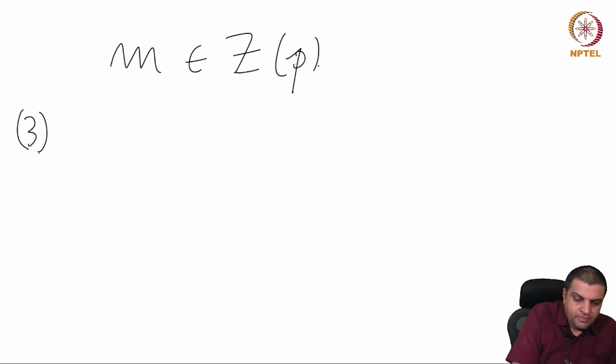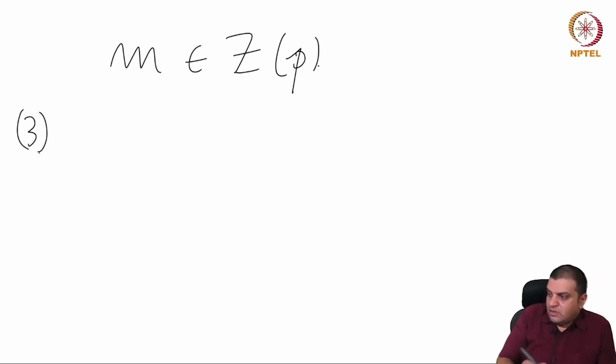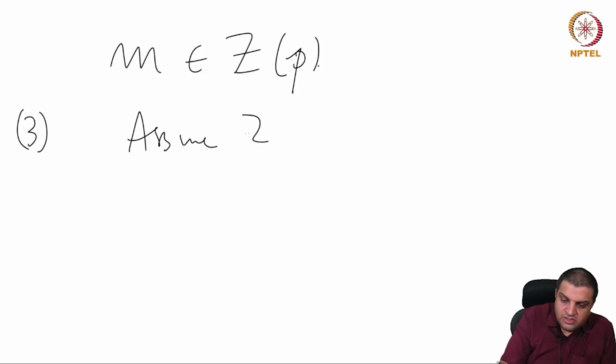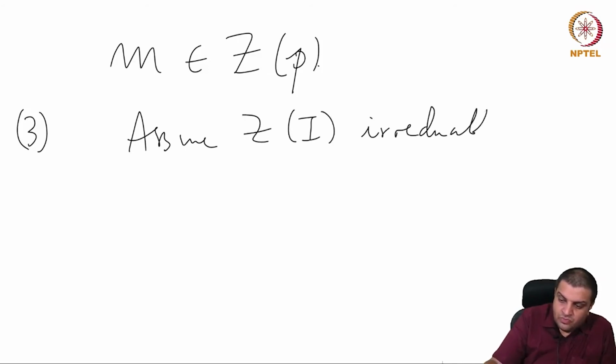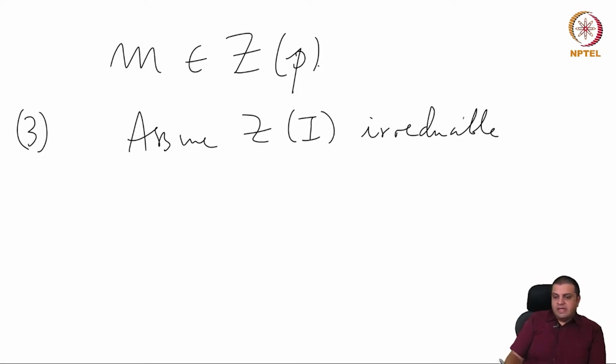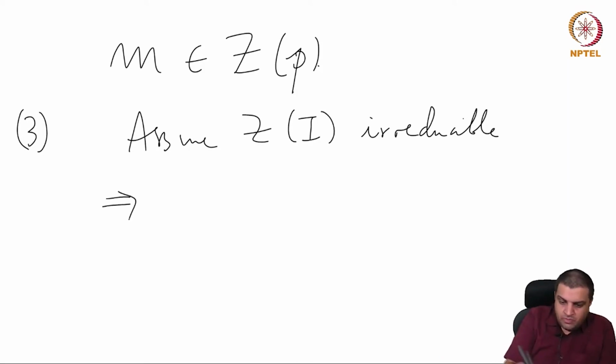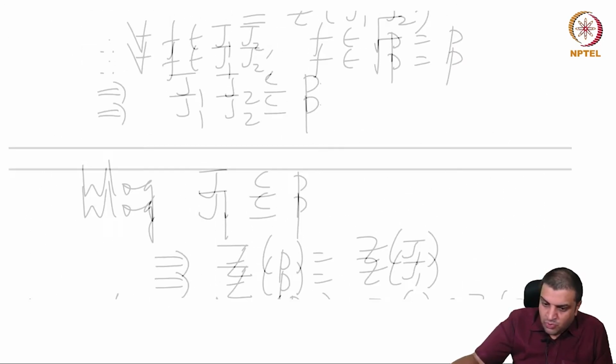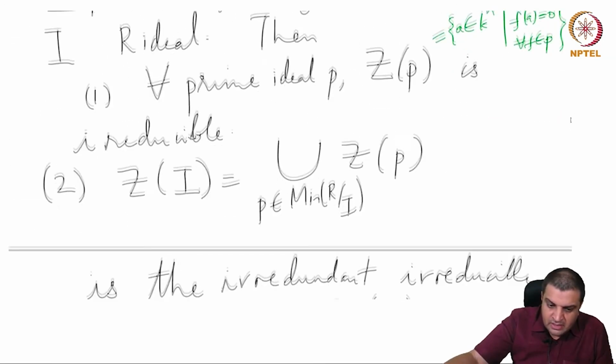And 3, so we want to prove that if Z of I is irreducible, so assume Z of I irreducible, then, as we proved in 2, this is an irredundant union.